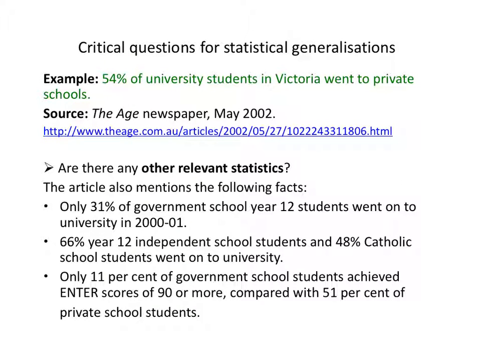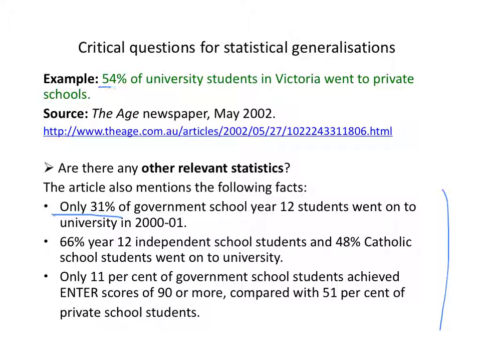Are there any other relevant statistics? Well, the article itself mentions quite a few. For example, this interesting one, that only 31% of government school Year 12 students went on to university in the year before this article was published. I just want to use this number to draw your attention to something.